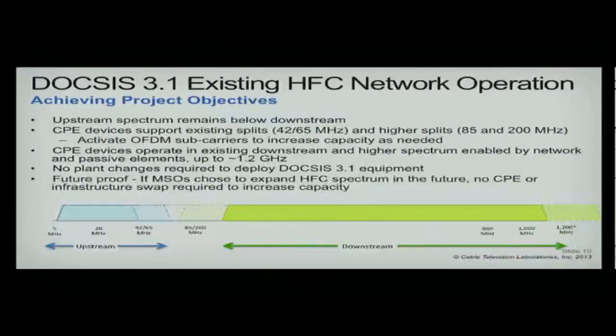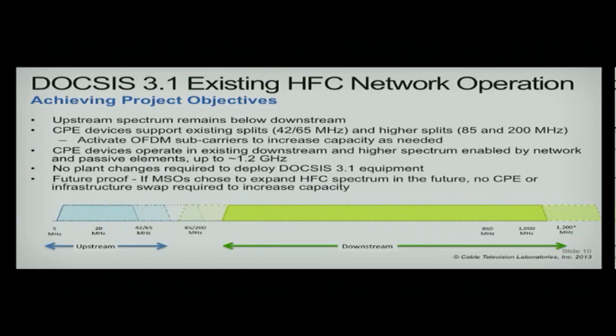So today it's from 5 to 42 or 45 megahertz, and in Europe it's 65. But it's going to go up to 85. That's the mid-split option, and then there's a high-split option of 200 megahertz.